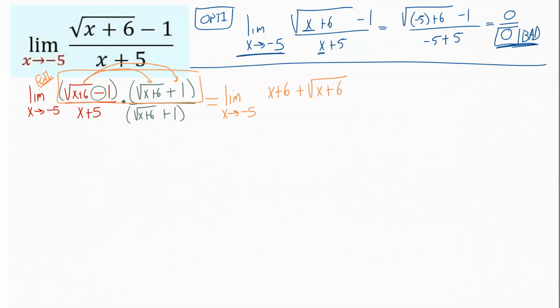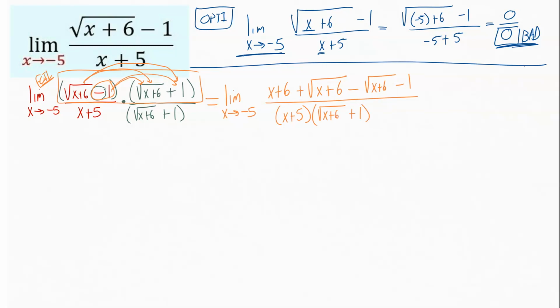Done with that piece, now we're going to go to the negative 1 and multiply it through. So negative 1 times the square root of x plus 6 is going to get us negative square root of x plus 6. And then negative 1 times positive 1 is going to get us a negative 1. On the bottom here, do not multiply these things together. It's the biggest mistake that a lot of people make on this. You just get into the pattern of foiling everything you see.